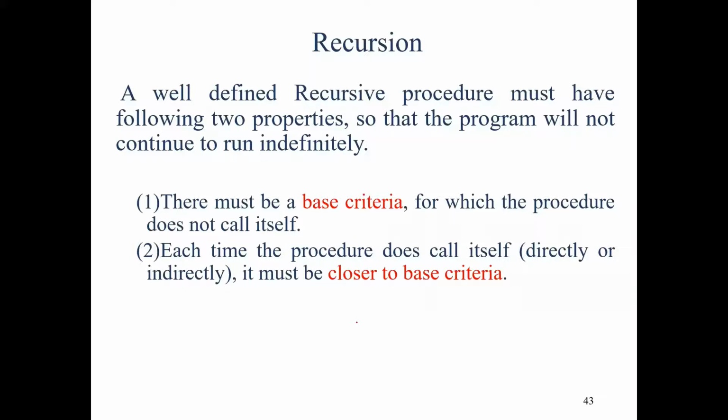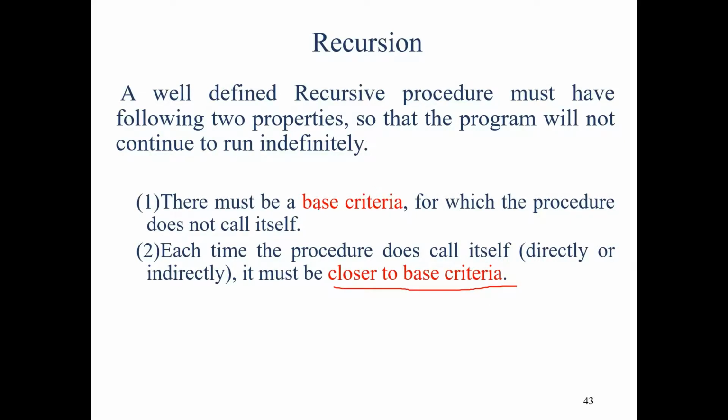And each time the procedure does call itself, directly or indirectly, it must be moving closer to this base criteria. We know that when we are calling factorial or Fibonacci, the n value will be reduced each time, and then we are moving close to the base criteria. I'll show you that example. So each time we recursively call the function, it should be moving closer to the base criteria.